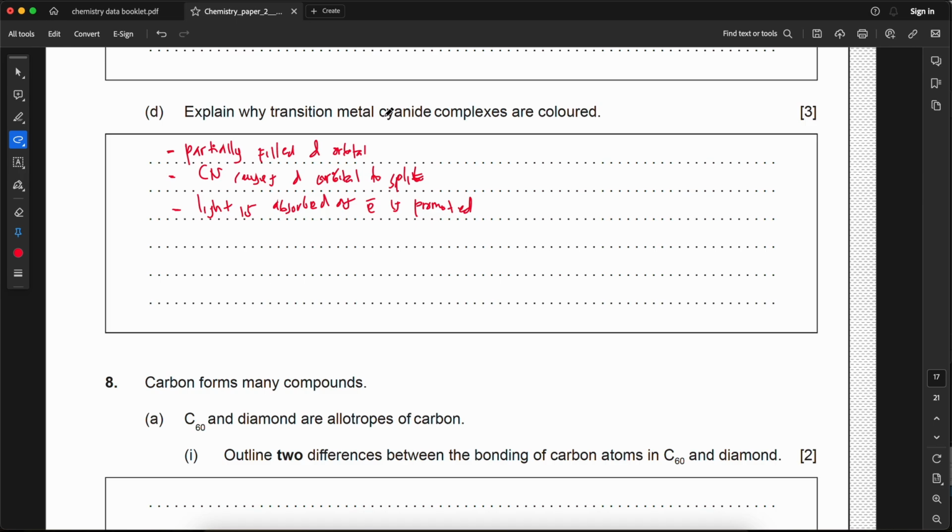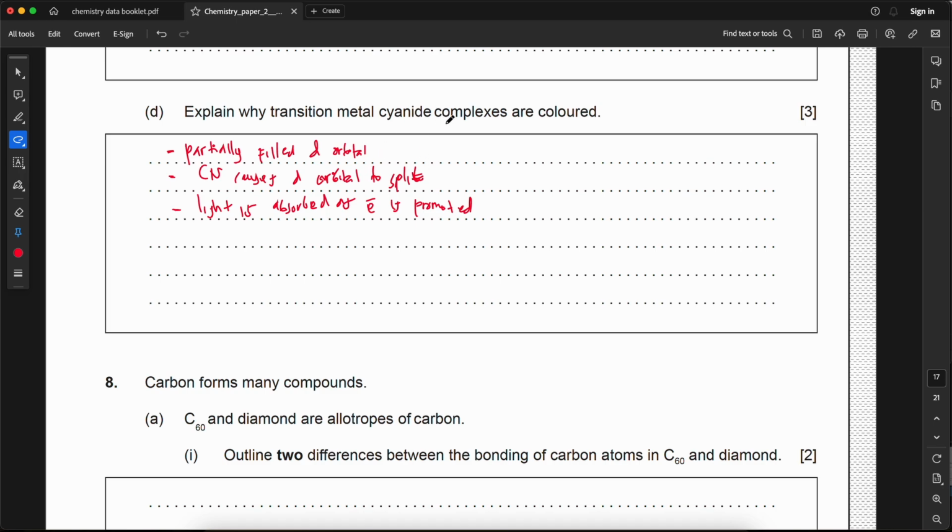So the ion of the transition metal has a partially filled orbital, or has a vacant orbital, and CN causes the orbital to split, due to the effect of the ligand field, creating energy levels within the d orbitals.